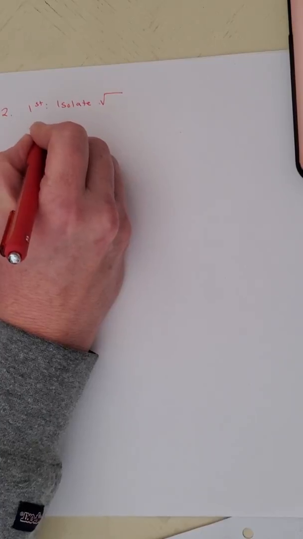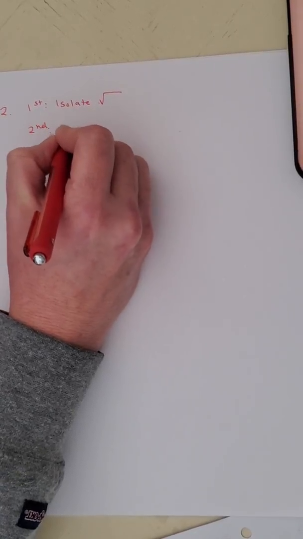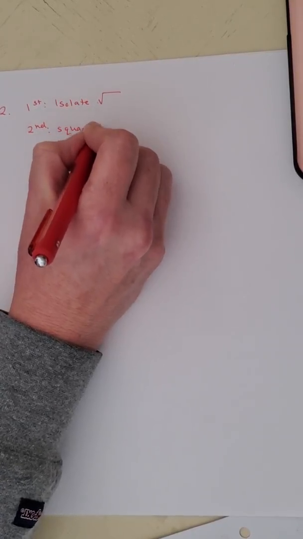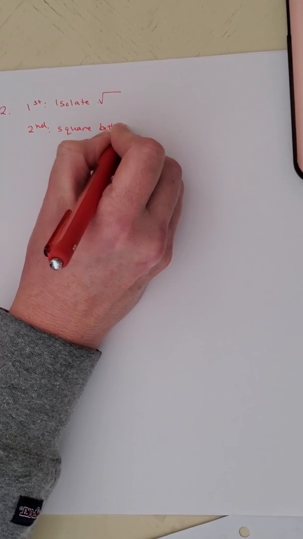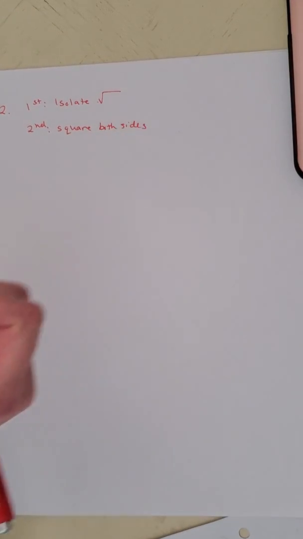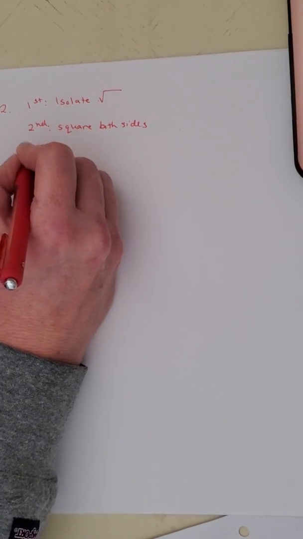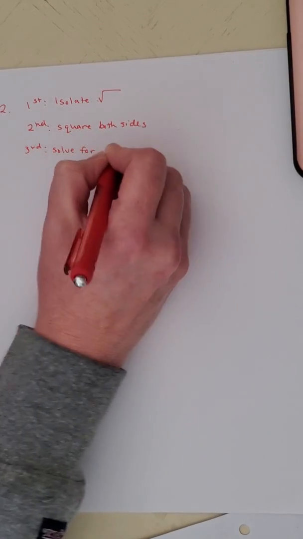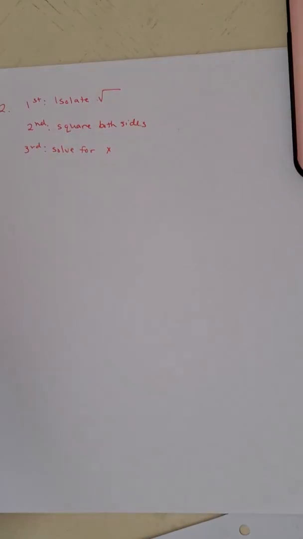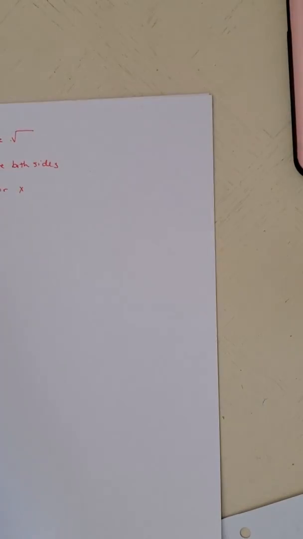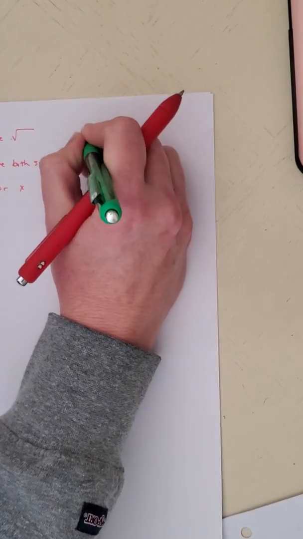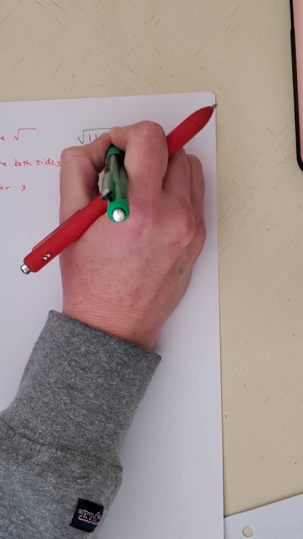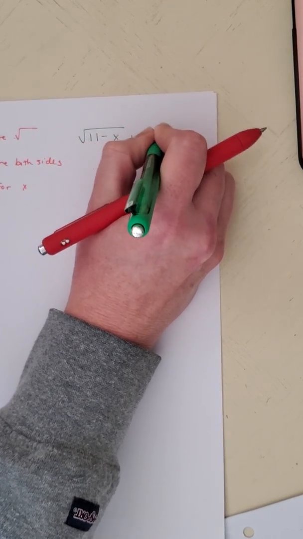And then second is to square both sides. And then finally is to solve for the variable. In this case, it's x. All right, so we have the square root of 11 minus x plus x equals 5.